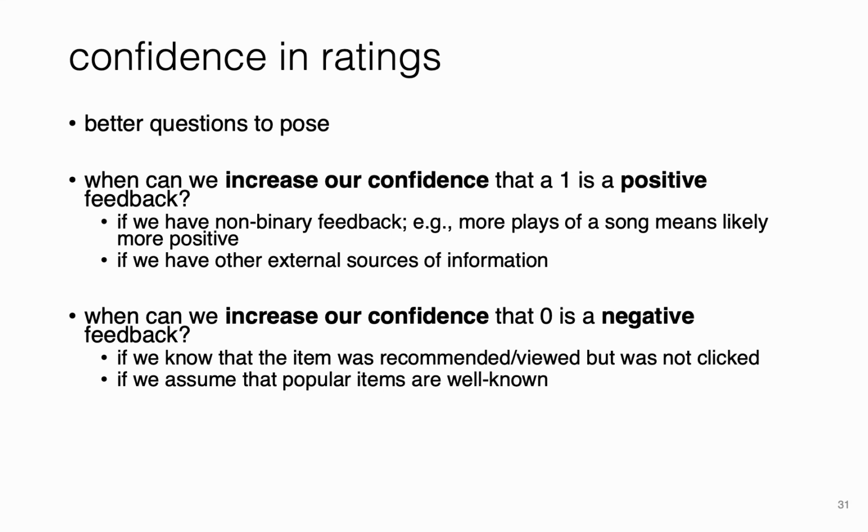Another way is we assume that certain popular items are well known, so that the user ignoring them probably means they do not like them. As before, other external sources of information can also increase our confidence.